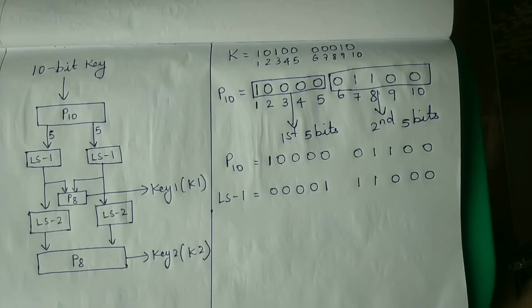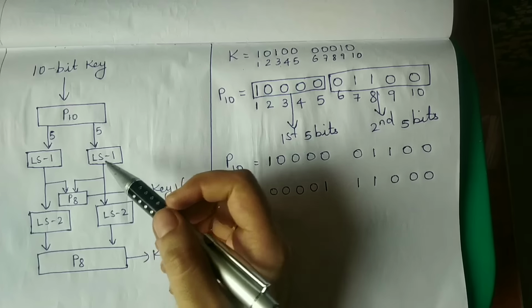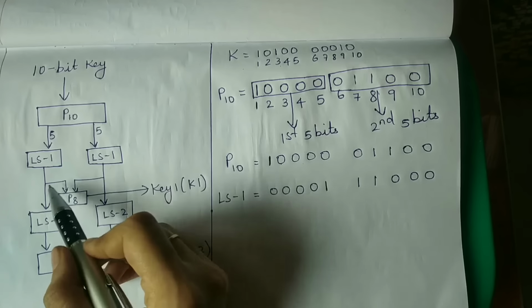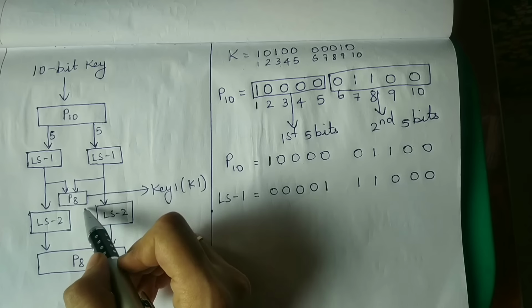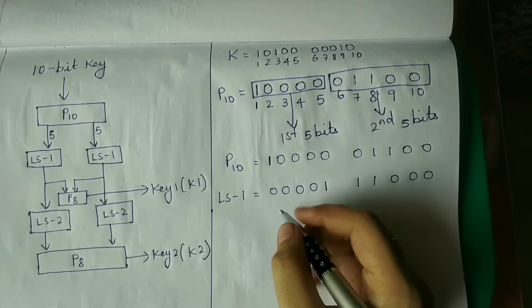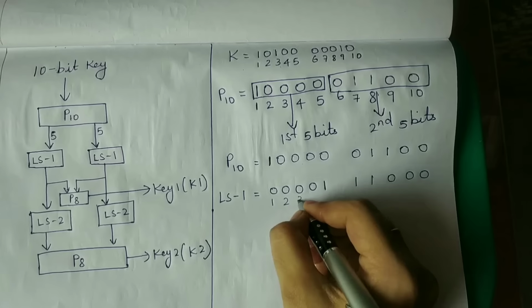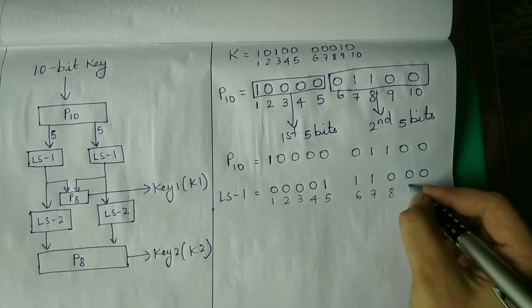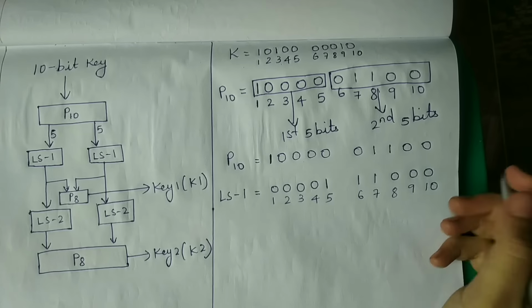After finding LS1, now look at the flow. For both the LS1 answer, we must permutate using P8's input and output. So let us number this LS1 starting from 1. So 1, 2, 3, 4, 5, 6, 7, 8, 9 and 10.